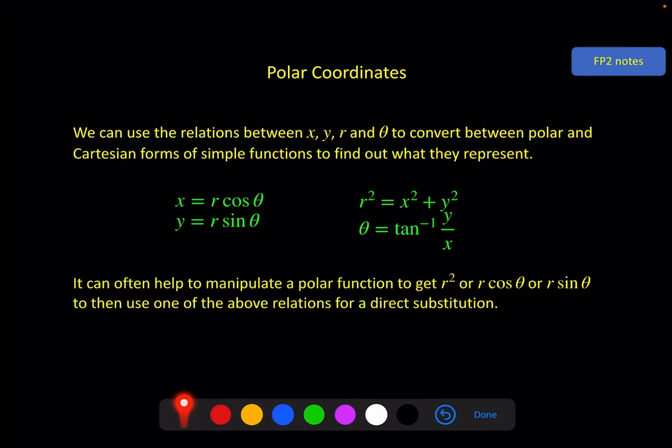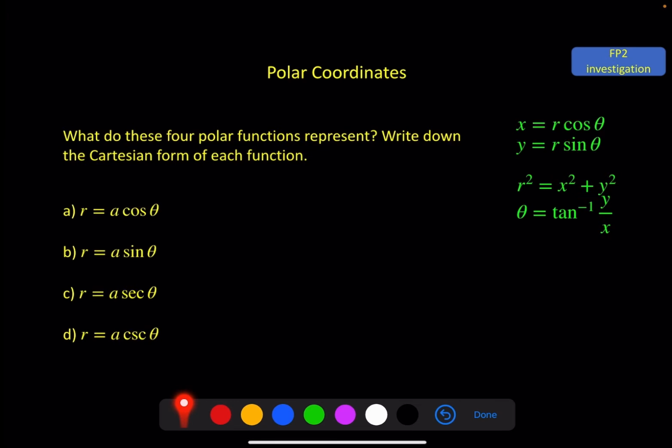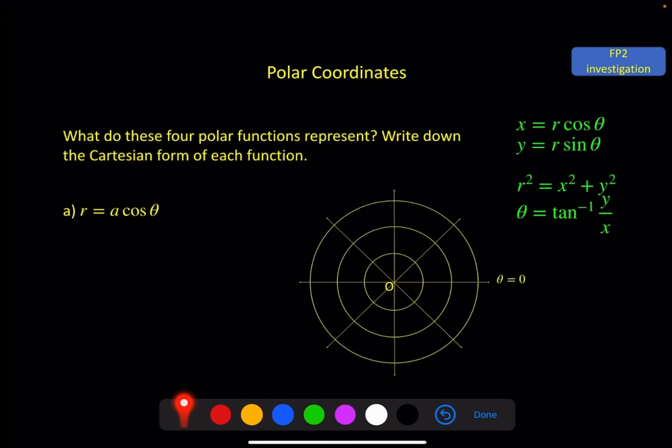So although they do get a lot more complicated than this, and we'll talk about that in the next video, for now, some simple polar functions to convert. Here we've got r equals a cos theta. So we've got a cos theta, that's great. We can use that to get an x, but I don't want to put x divided by r.